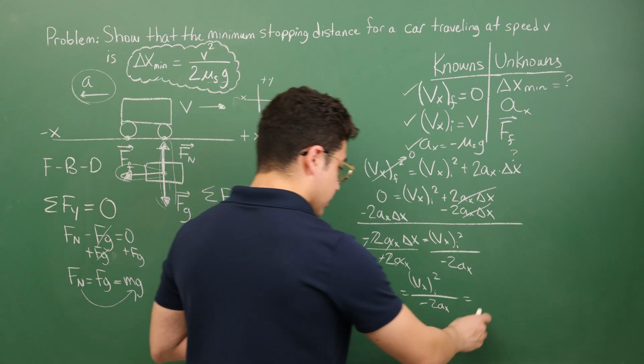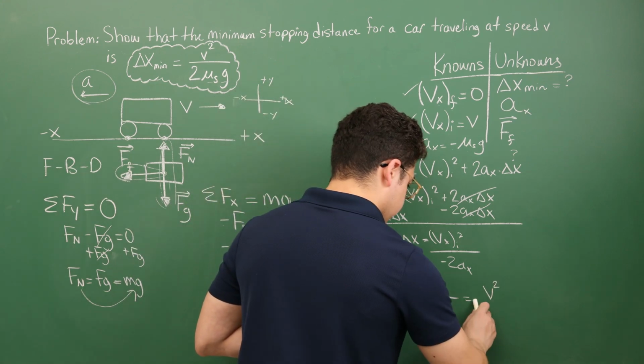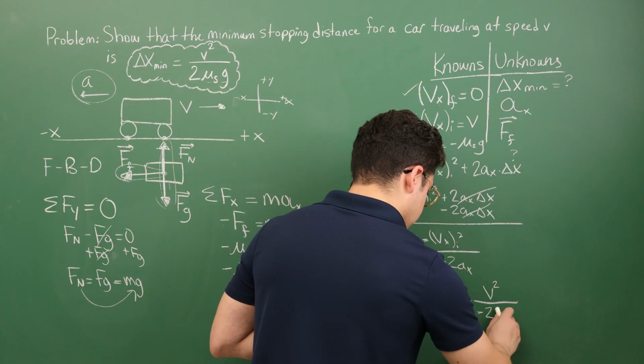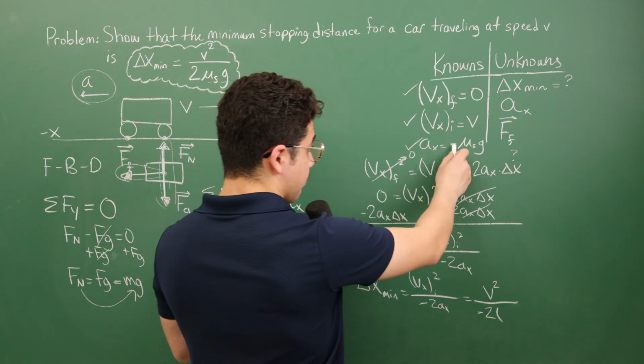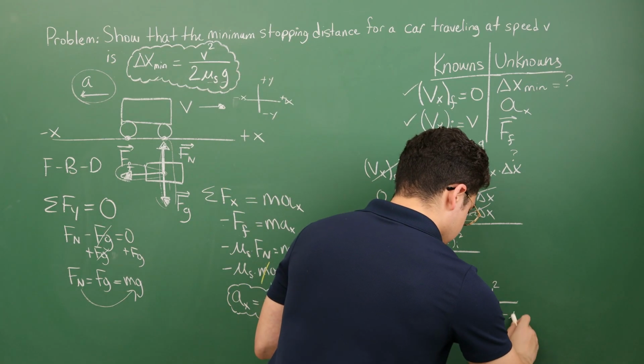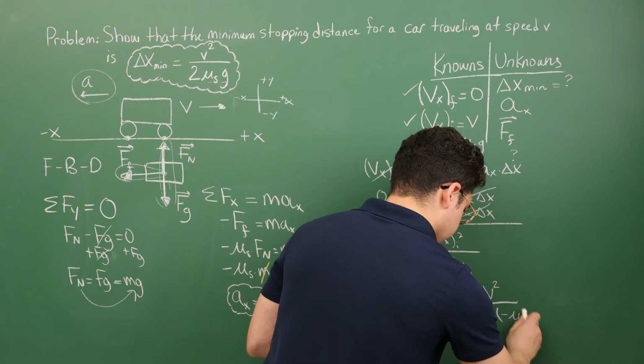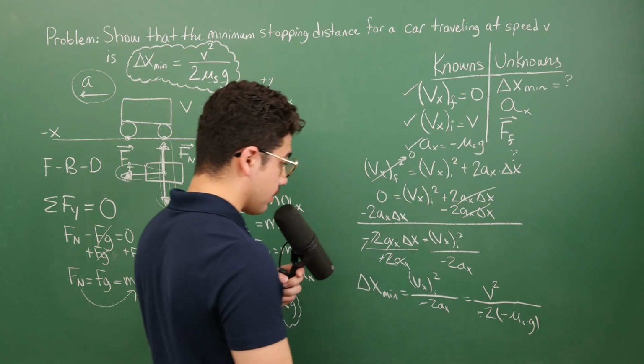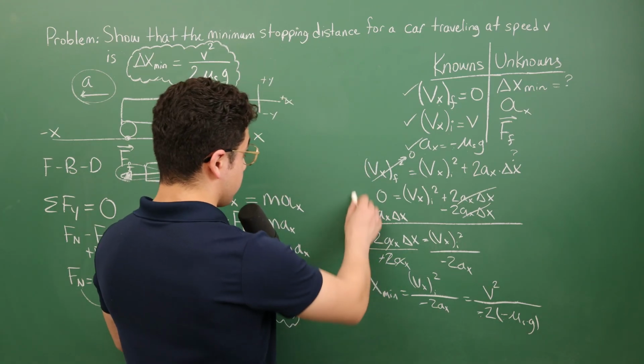So the initial speed is v, so that's going to be v squared, divided by negative 2 multiplied by ax, but ax is negative mu s times g. I'm going to go ahead and get this negative to become positive. And I guess I'll do my work right here.